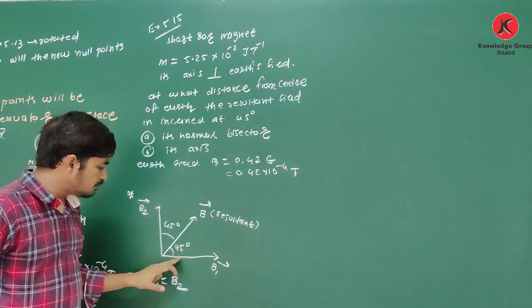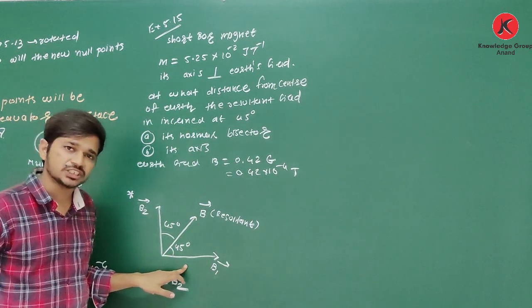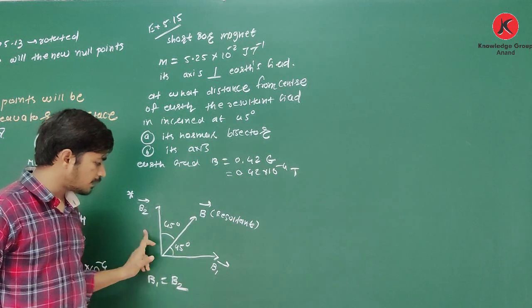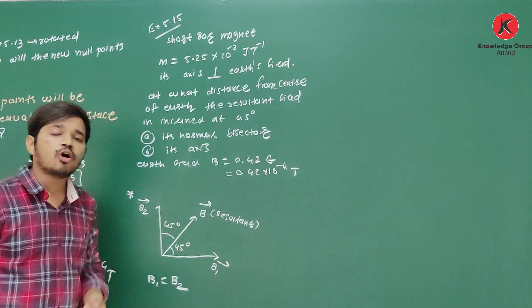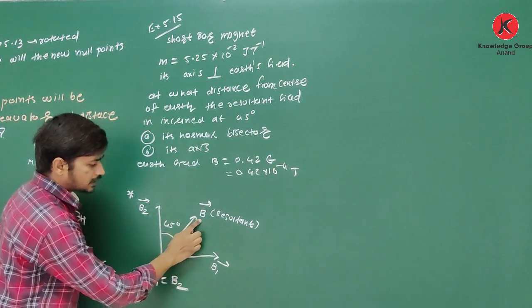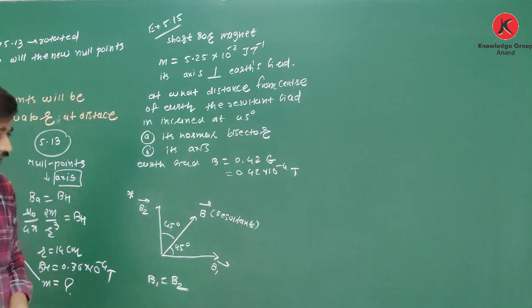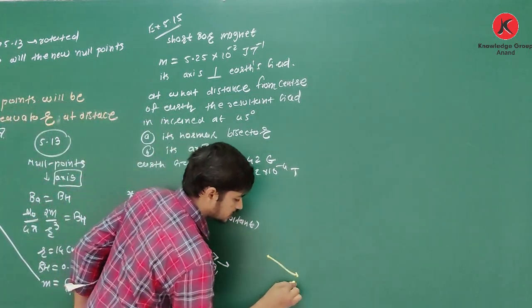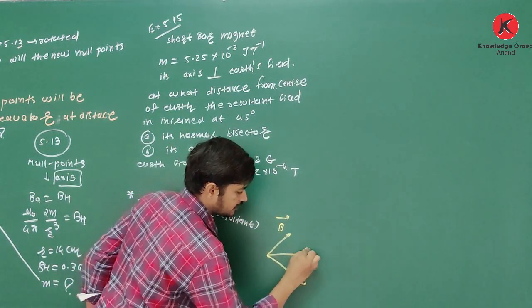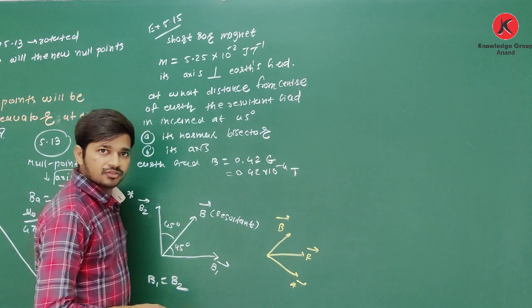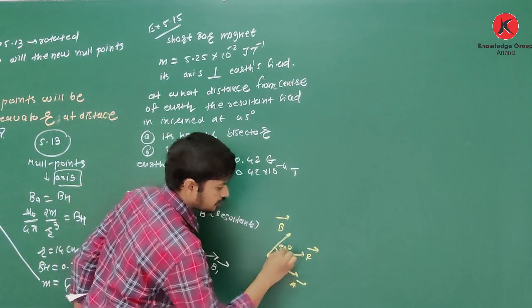If two magnetic fields are perpendicular to each other, the resultant makes an angle of 45 degrees, or we can say this resultant equally divides. If I have two vectors like this, vector A and vector B, and the resultant is R in this direction, then obviously, if this angle is 30, then this angle is also 30.